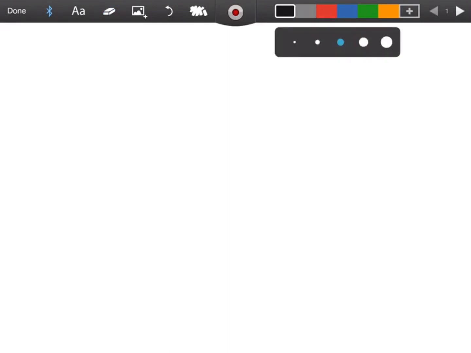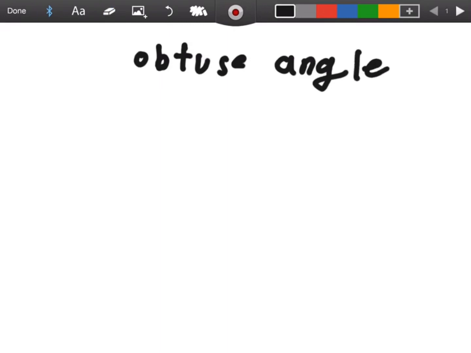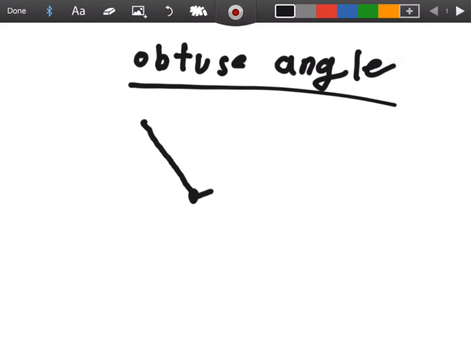And now let's learn about obtuse angles. Let me just write it out. So an obtuse angle looks like this, with the arrowheads. Every angle has the arrowheads.